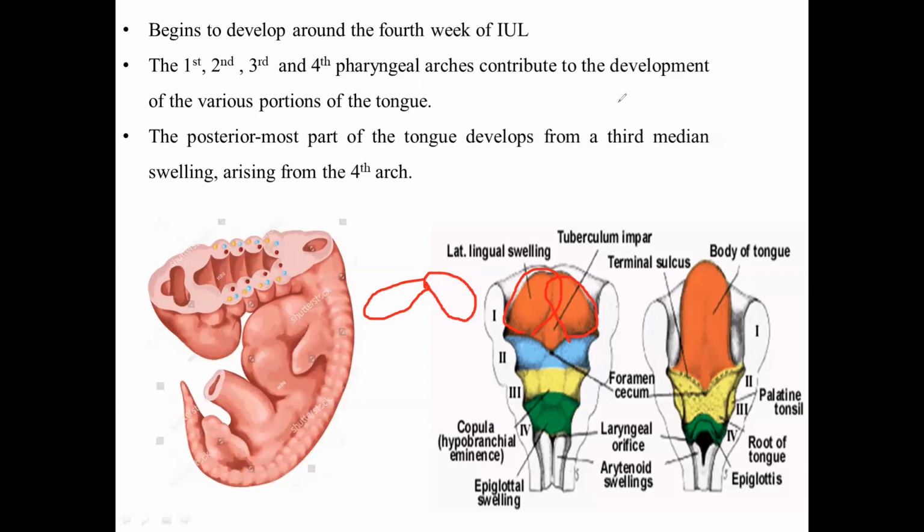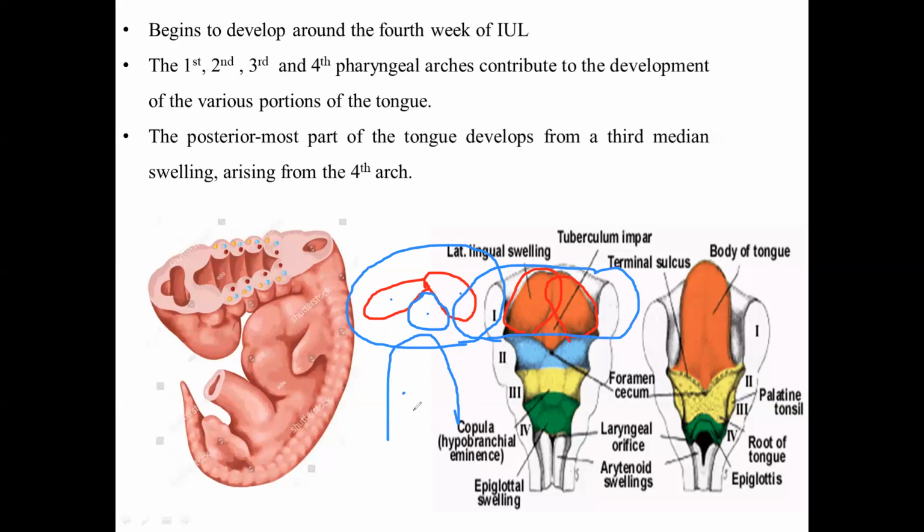These 2 lateral swellings and a single swelling in the middle, that is called tuberculum impar. They all together help to form the anterior 2/3 of the tongue. And from where do they come? They come from the pharyngeal arch 1.